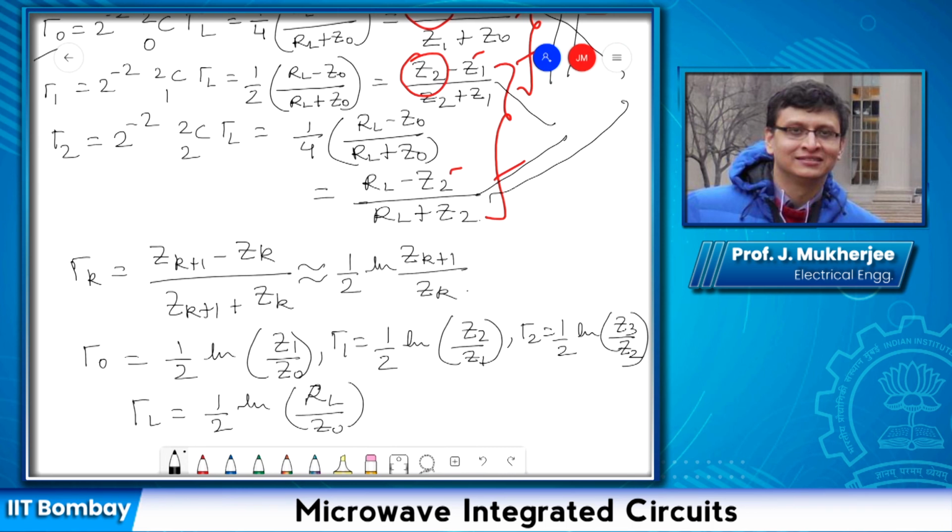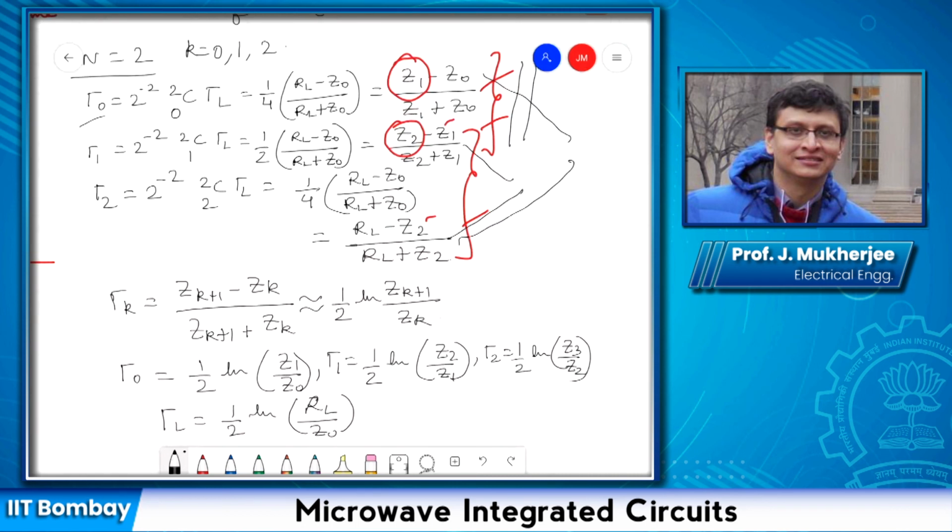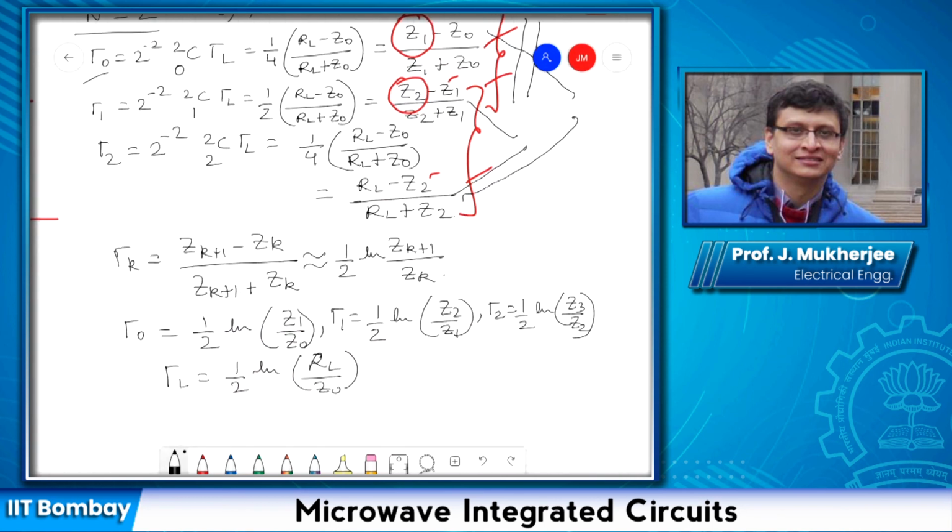If we go back to these equations, say I want to simplify the first equation.